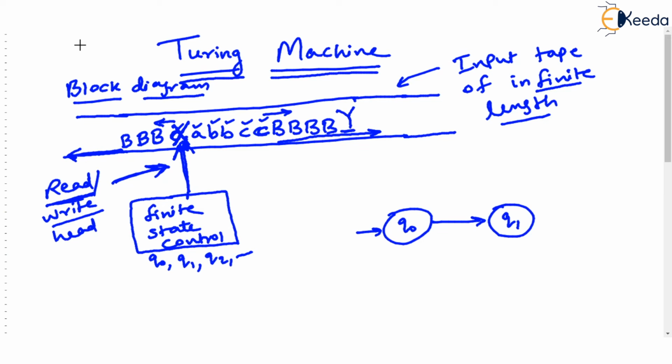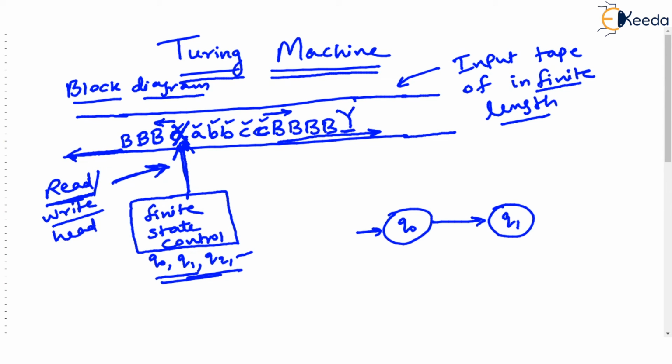So the Turing machine is also not different. It will also have finite states which will be controlling the overall working of the machine. So as such, the block diagram of the Turing machine looks very simple. But what is magnificent about the Turing machine is that it can read or write on the tape.